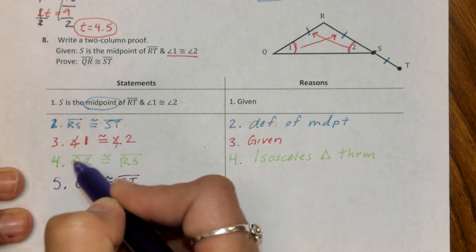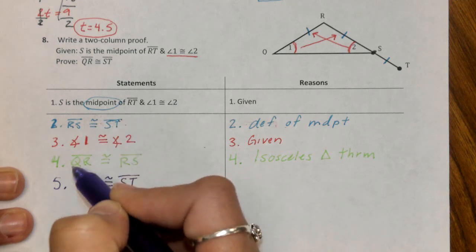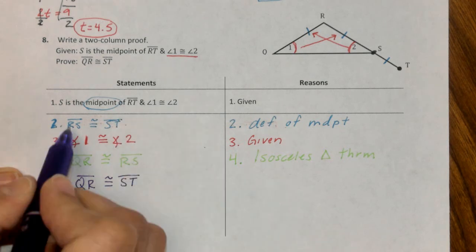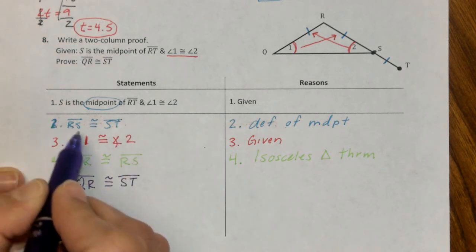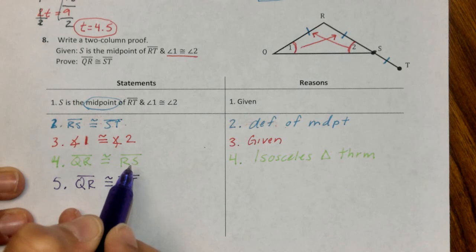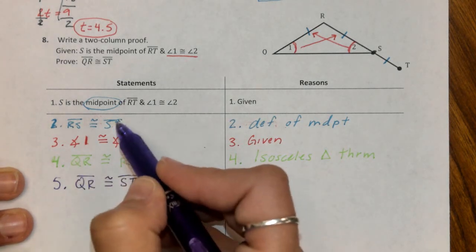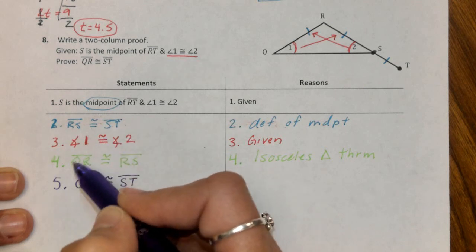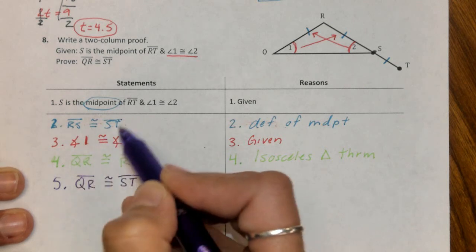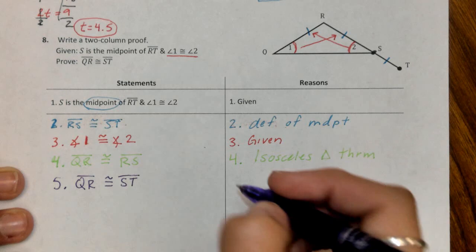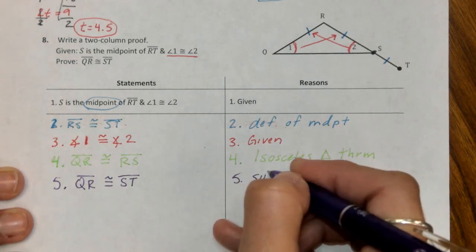So you'd have to go diagonally between statements 2 and 4, and it'd have to be the exact same thing, and it's not. Now, if we go diagonally from the top left to the bottom right, they're the same, but that's not transitive. The only way for it to be transitive is you go from the top right and the bottom left. Those two cross off, okay? But that's not what's going on here, so we don't have transitive. Instead, we have substitution.